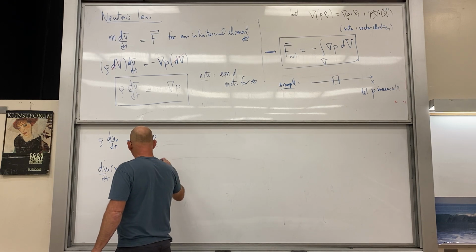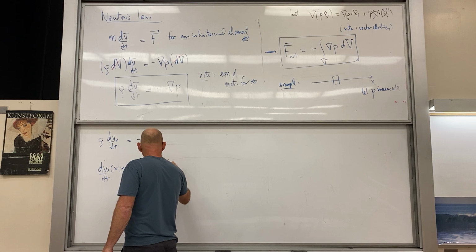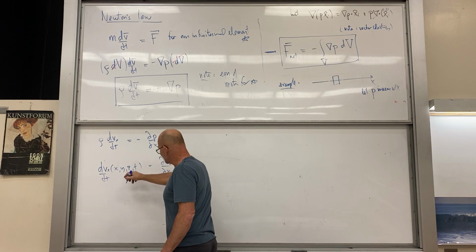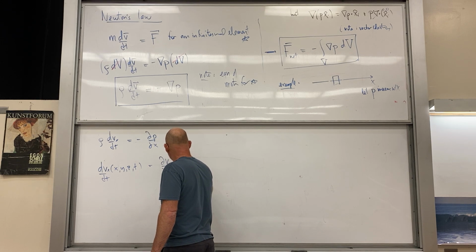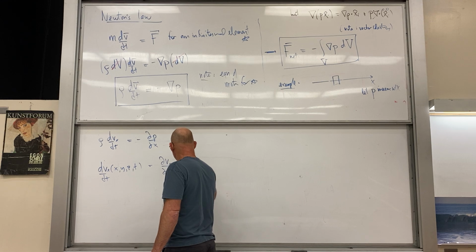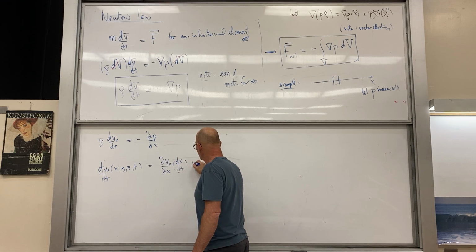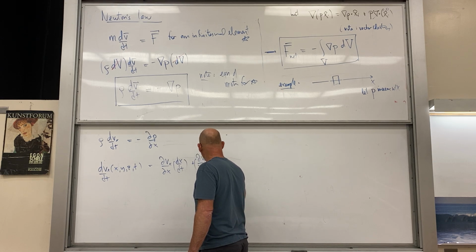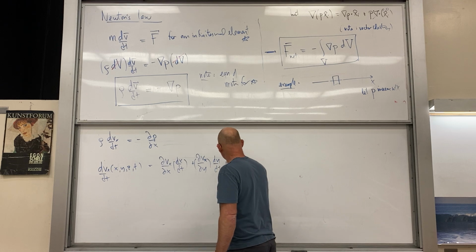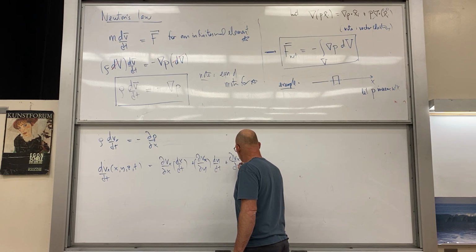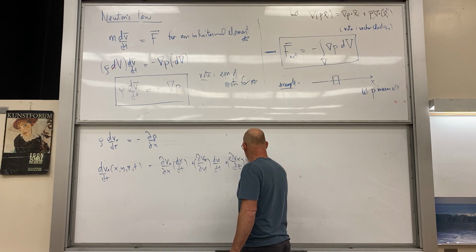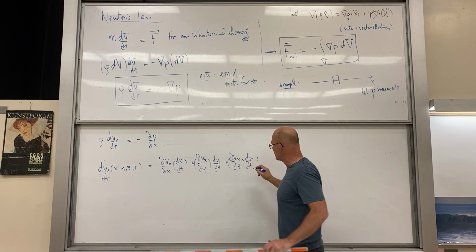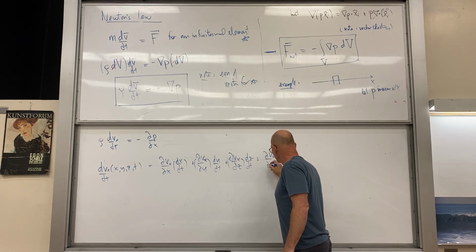So we're looking at dvx/dx times dx/dt, since we're talking about a fluid particle, plus dvx/dy dy/dt plus dvx/dz dz/dt, and then we have the explicit partial derivative as well, so plus dvx/dt.